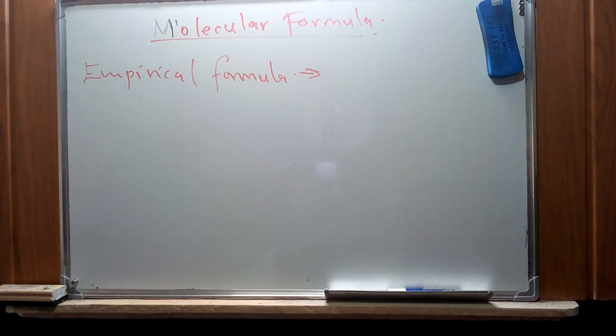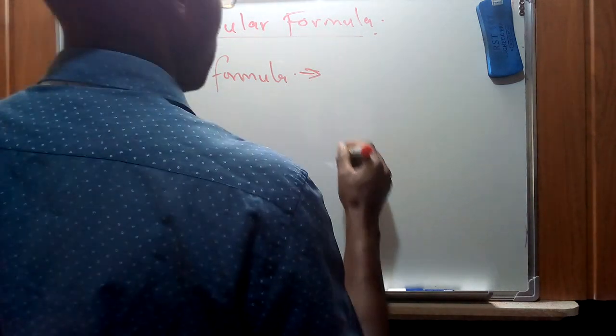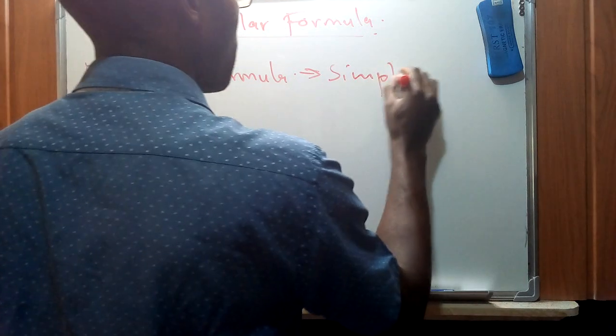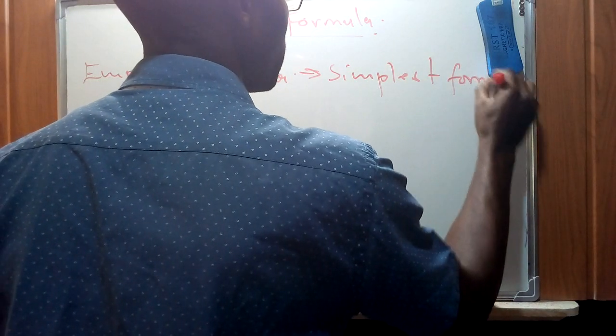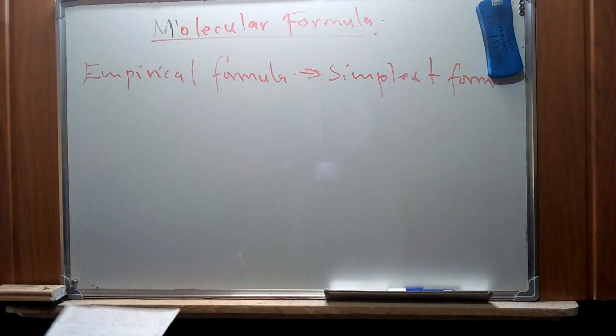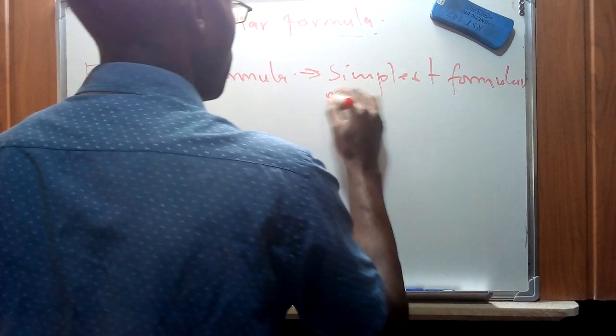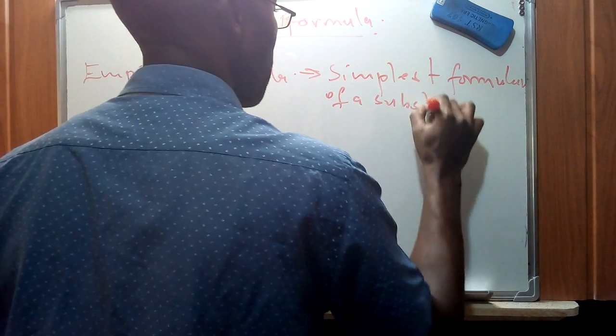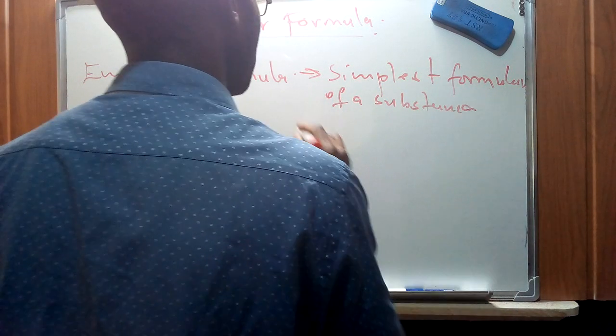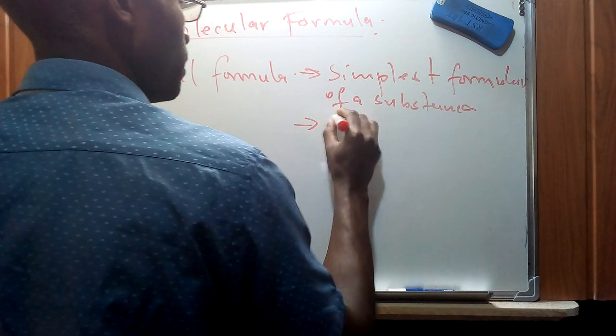Now we see that the empirical formula is the simplest formula of a given substance, and it gives the elements present in their simplest form.